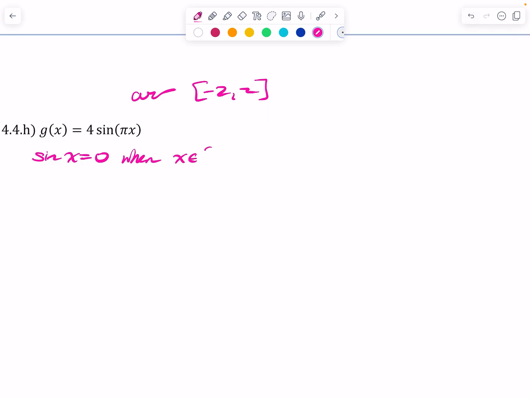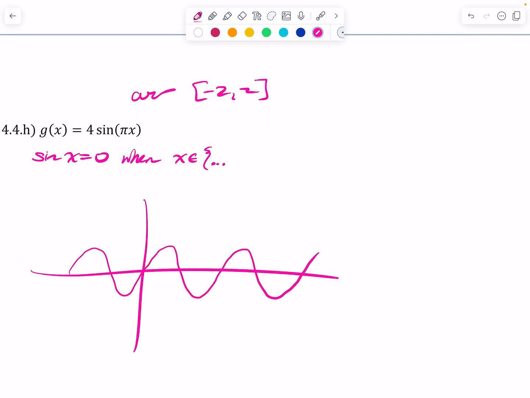Sine x is equal to 0 when we're talking about essentially multiples of pi, right? Here's your sine function. So when we're at 0, when we're at pi, when we're at 2 pi, 3 pi, 4 pi, and so on, any multiple of pi, that means if x is any multiple of pi, sine of x is equal to 0. The ellipsis means so on and so forth.